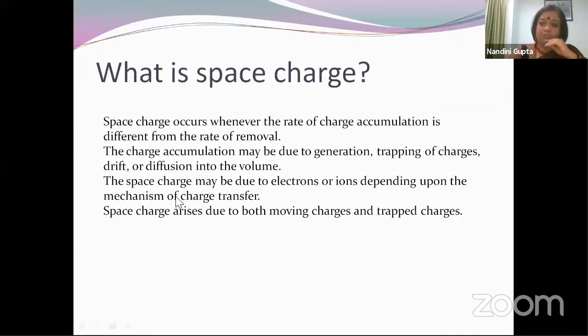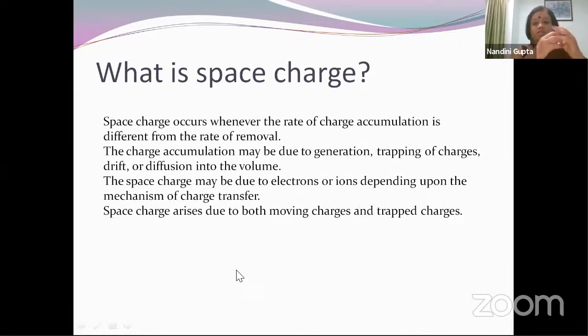When I talk about space charge, I might be talking about electrons. I might be talking about ions, positive as well as negative ions. It depends upon the material, and upon the transfer mechanism which is causing charges to drift through the material. Space charge arises both due to moving charges and trapped charges.